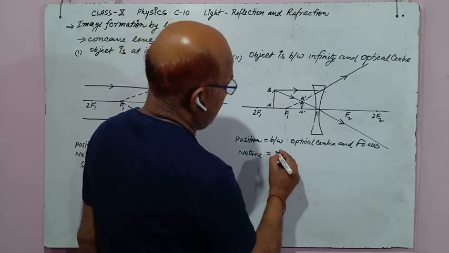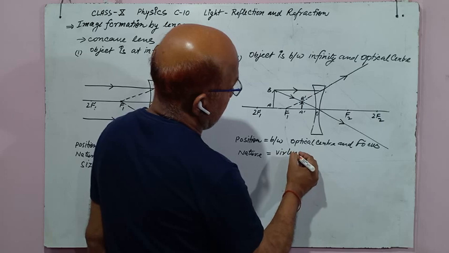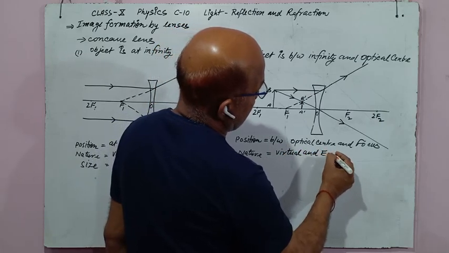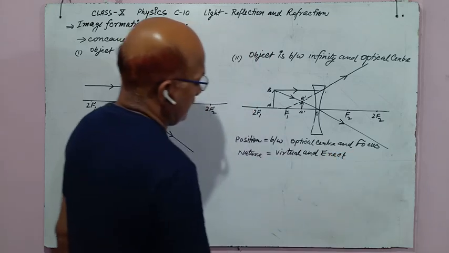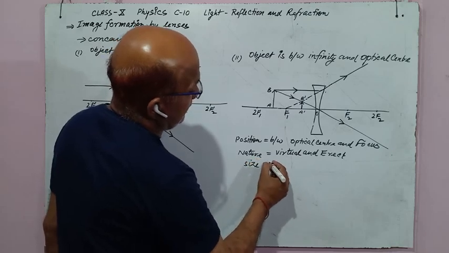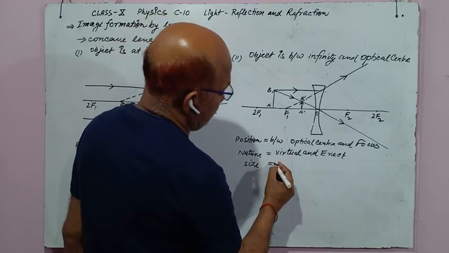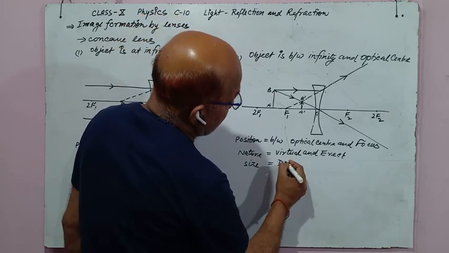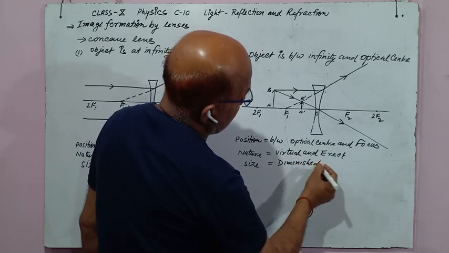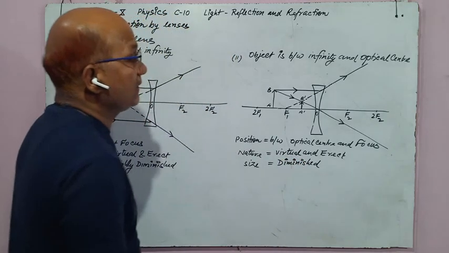Nature of image is virtual and direct. And what about the size of image? You can see the image is smaller than object. So we will use the term the image is diminished. Now take a screenshot of it.